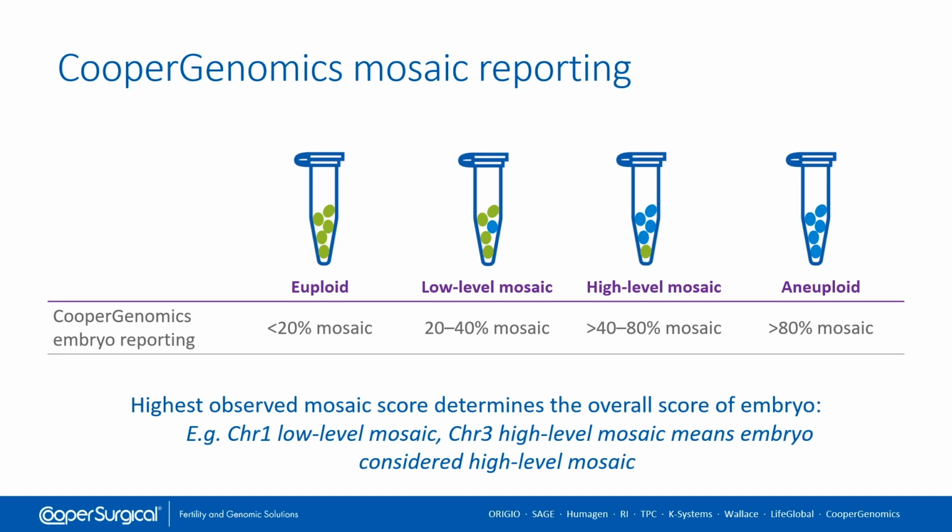So as an example, if an embryo sample has a mosaic finding for trisomy 1 and it's a low-level finding, and in that same sample, trisomy of chromosome 3 is identified and it's determined to be a high-level mosaic, that embryo will go out as a high-level mosaic embryo.